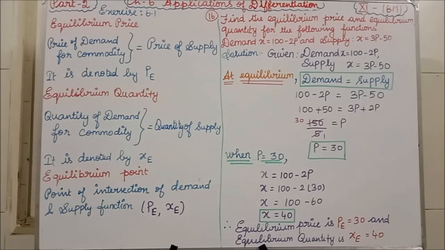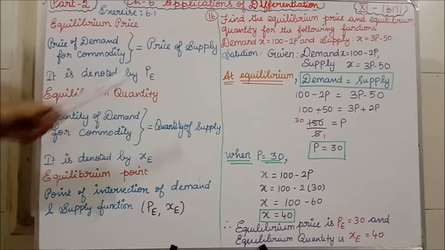Before that, we have to know some notes. First, the equilibrium price. Equilibrium price means the price of demand for a commodity is equal to the price of supply.